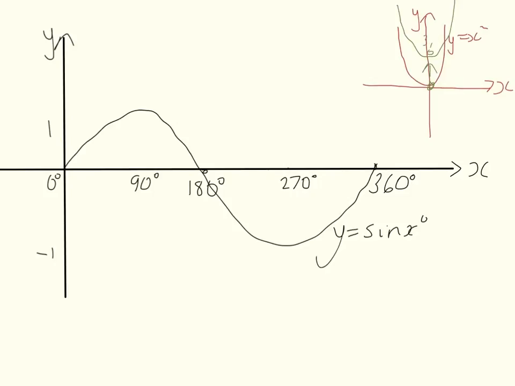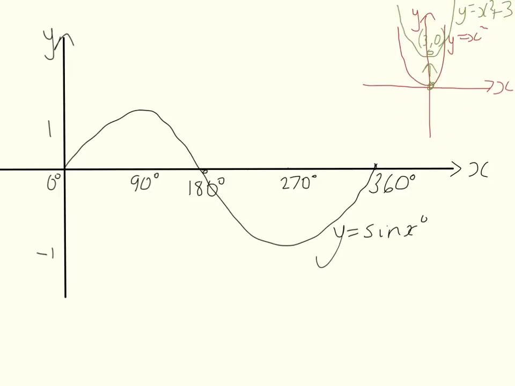And this would be 0, 3. And this would be the graph of y equals x squared plus 3, for example. If we added on 3, our graph would move up 3 places. If we subtracted 5, it would move down 5 places.